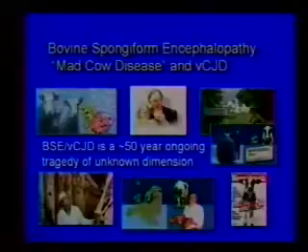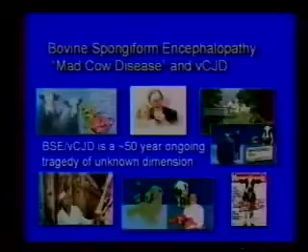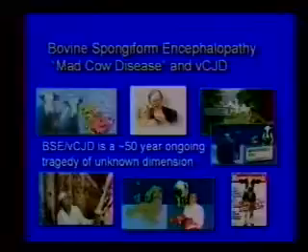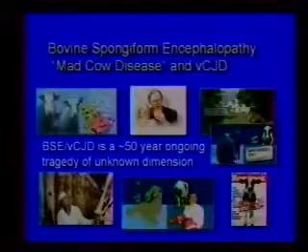Let's now move, in fact, to bovine spongiform encephalopathy, often known as mad cow disease, and its associated disease in young people, and by that I mean people usually in their late teens and early 20s, that is called variant Creutzfeldt-Jakob disease, which, for convenience, we abbreviate to variant CJD.